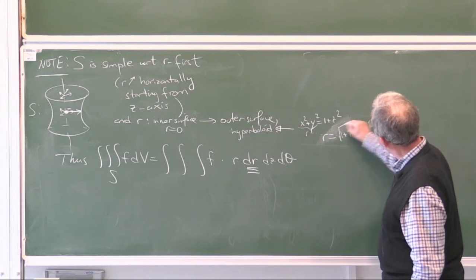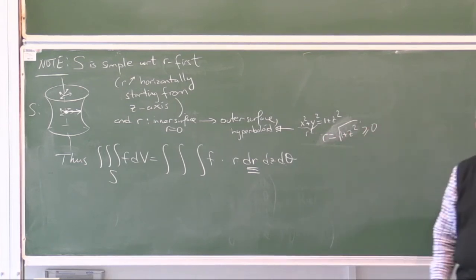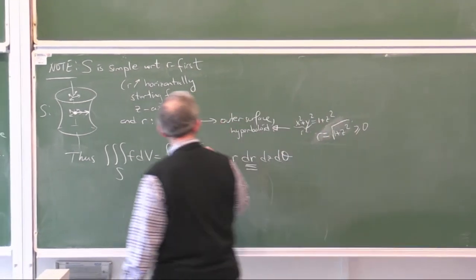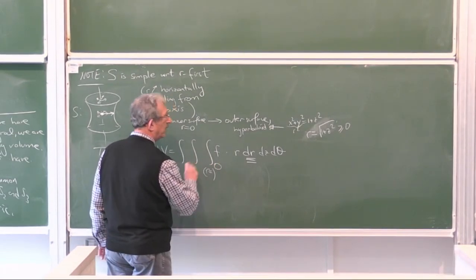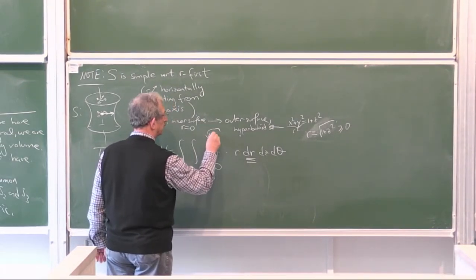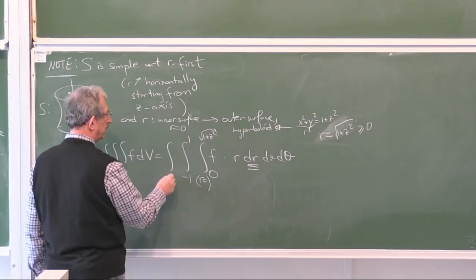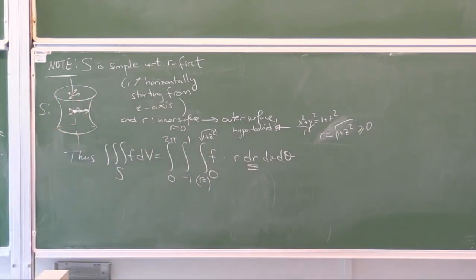And of course, it's positive because r is positive. It starts from 0 and increases. And so, using it here, r starts from 0 up to square root of 1 plus z squared. In the meantime, z goes from -1 to 1 and theta from 0 to 2 pi.